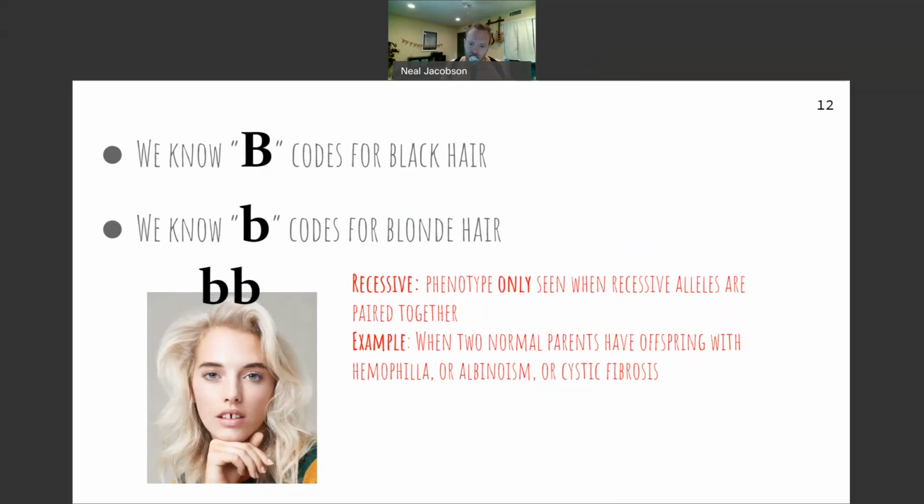And so in order to keep that within the family, they would inbreed with each other. The problem with inbreeding within a family is that you end up getting these recessive alleles, right? If they show up in the family, they stay in the family and then they duplicate and multiply and they get paired together more often. And so hemophilia is a blood disorder that ultimately came from England's royalty.